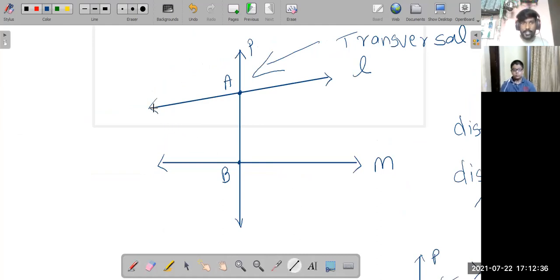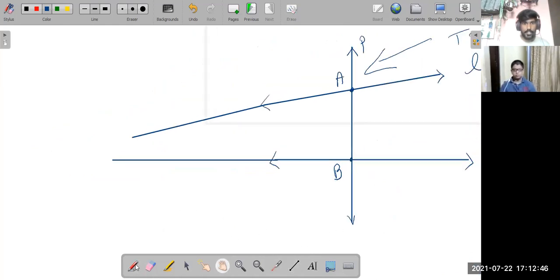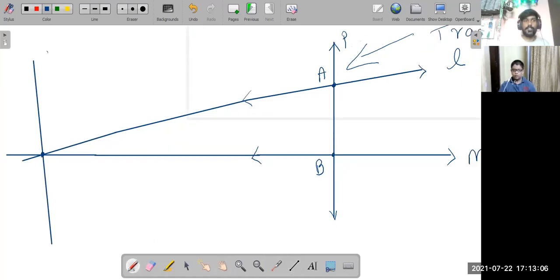But if you extend them, they will intersect somewhere, because they are non-parallel lines. At this point, if you draw a line, this will not be a transversal. If I name this Q, this is not a transversal, but this is a transversal. Did you get the difference?